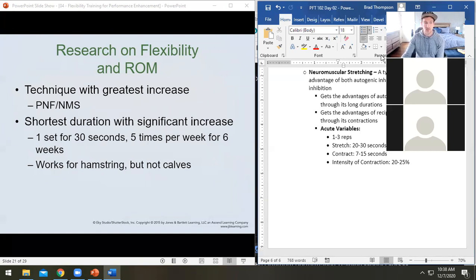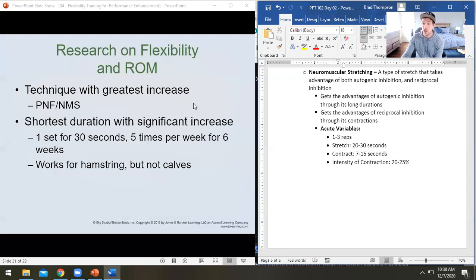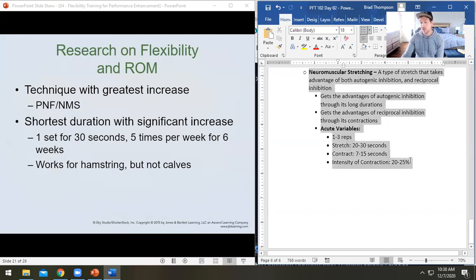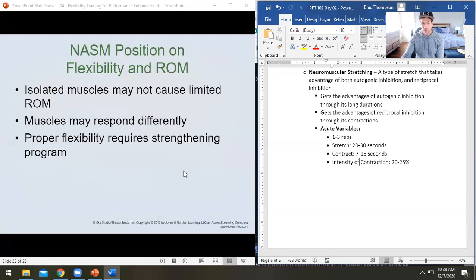When it comes to all this, the techniques that have been shown to really increase your range of motion the best, by the way, when it comes to just improving your full range of motion are neuromuscular stretching and static stretches. So if you have as little time as possible, but you want to get the greatest bang for your buck, neuromuscular stretching is one of the best ways to improve your range of motion.